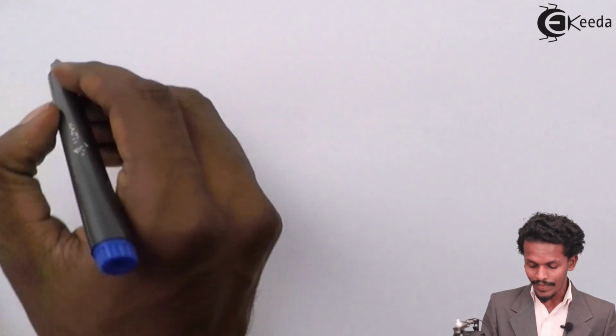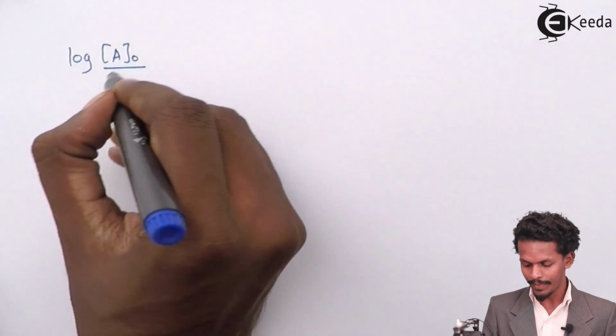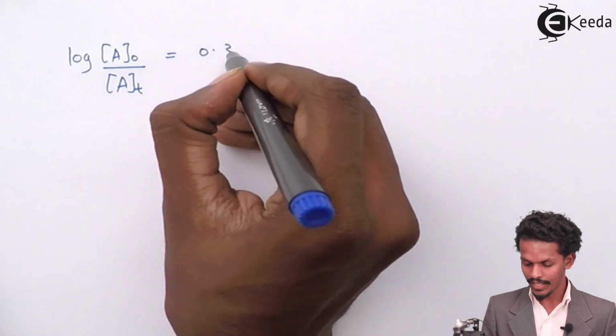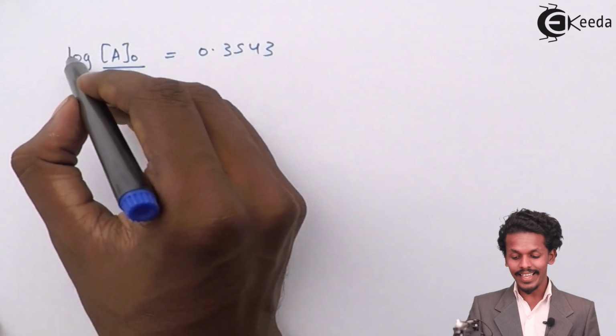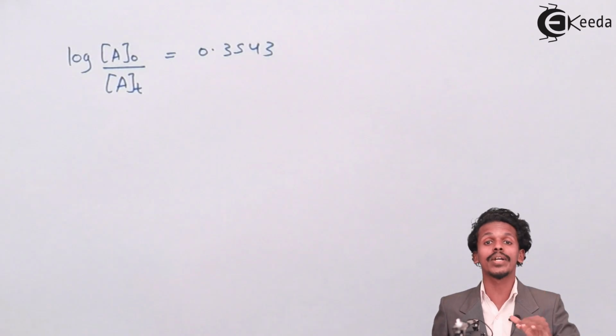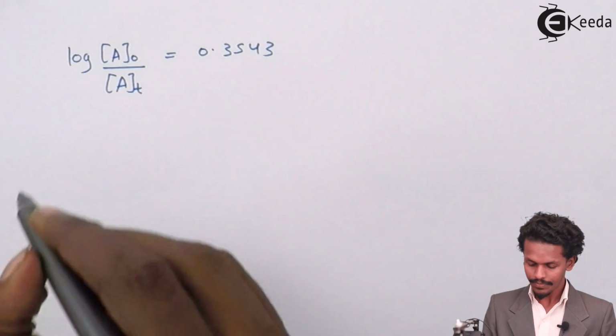Since we have got the value of log of A0 divided by At as 0.3543, what we are going to do is we will take the anti-log of this thing so as to get the value of A0 divided by At, and then only we could do the further part.